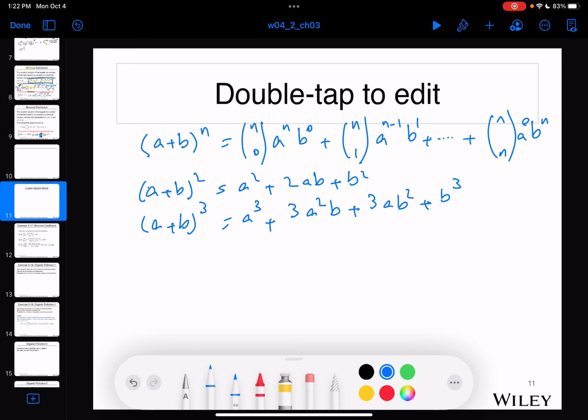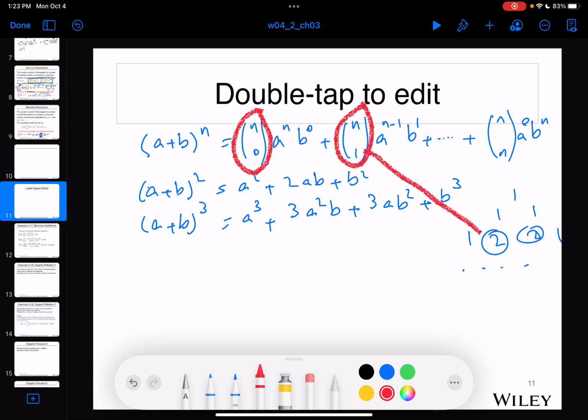You also remember the Pascal triangle, right? 1, 1, 1, 1, 2, 1, and so forth, right? These numbers in the Pascal triangle come from the binomial. Basically, these are these coefficients, right?